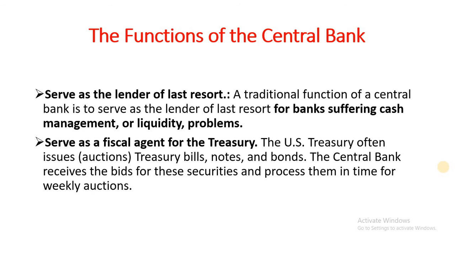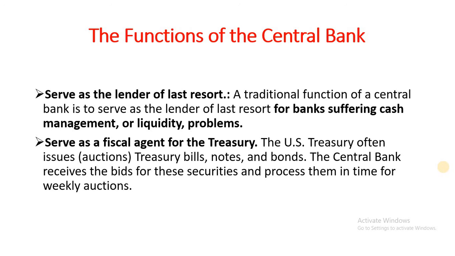Then, the central bank serves as a fiscal agent for the Treasury. The US Treasury often issues Treasury bills and bonds to collect money from the public or from the financial system.